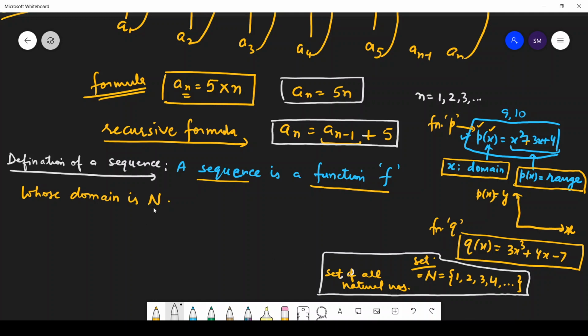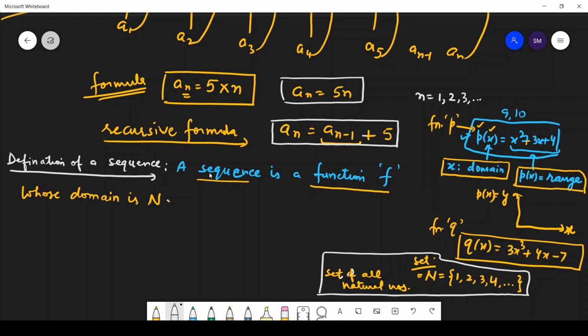So domain is N. Yes, domain is N. It means you put the natural numbers one by one in the function. So what is a sequence?